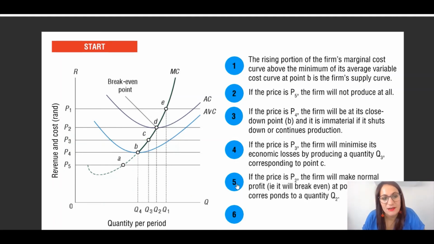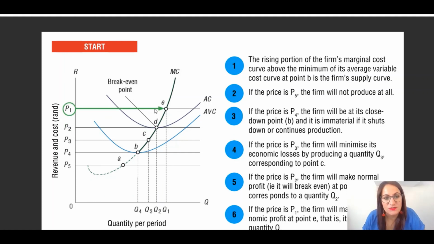If we look at point B, P2, where marginal revenue equals average revenue, your average cost curve lies on top of your average revenue curve, which means you are making a normal profit. And lastly, you can see that your marginal revenue average revenue curve is above your average cost curve, which means at this point you make an economic profit. In the next video, we have some more graphs.